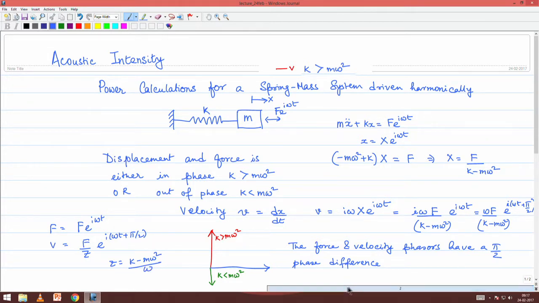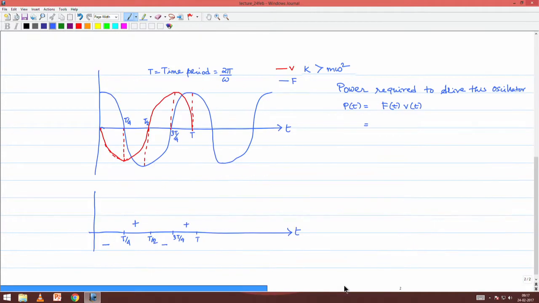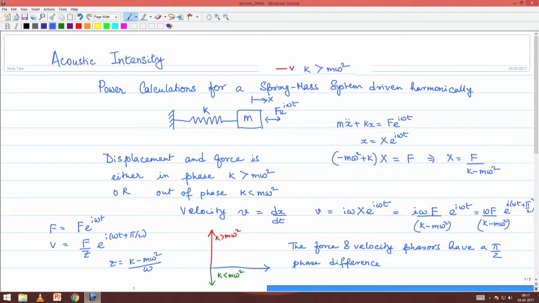So, that being the case, f of t is in the phasor notation what we have written for force and velocity.